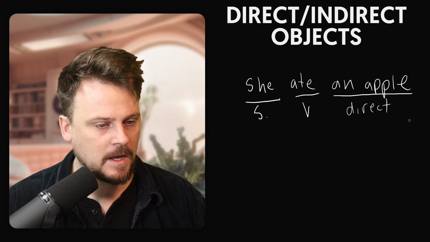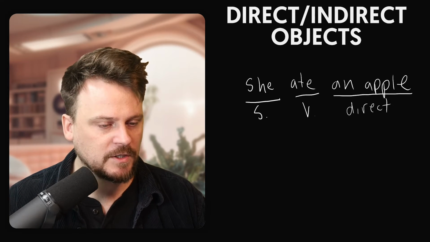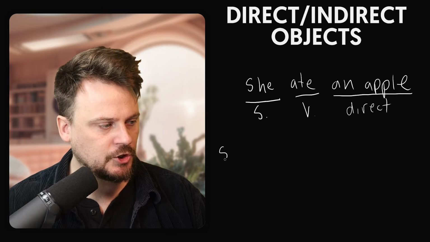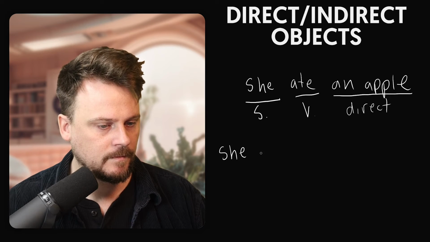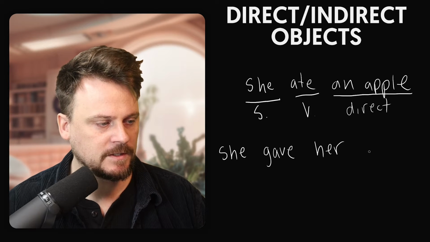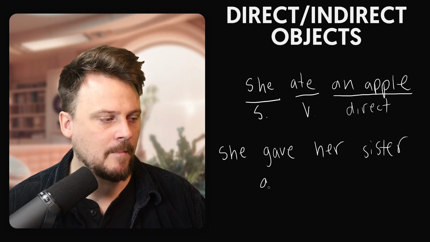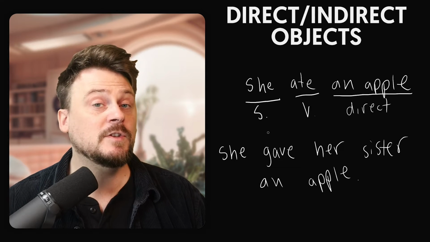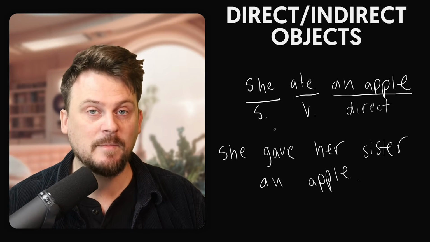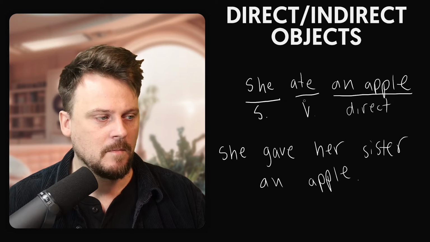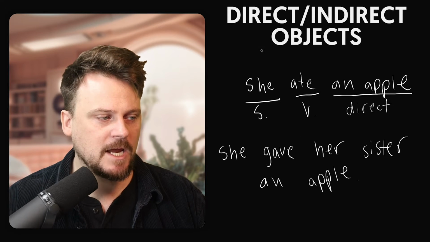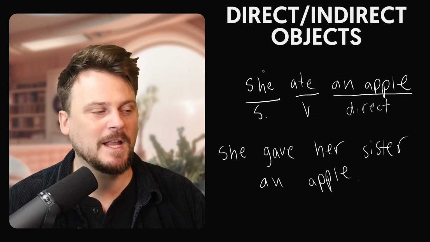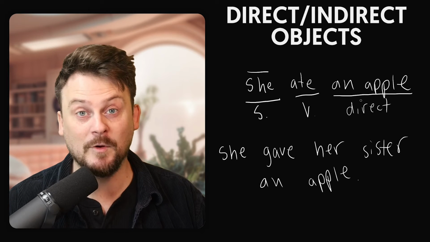Okay. Now, if we want to understand indirect, she gave her sister an apple. Okay, now, this is not for every single type of verb. Because in this case, ate is a direct relationship between she and the apple, right?